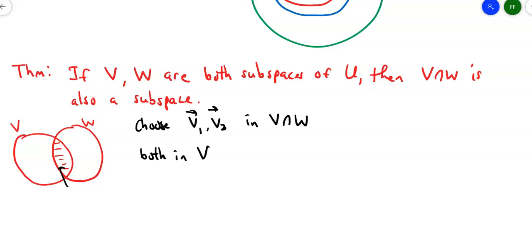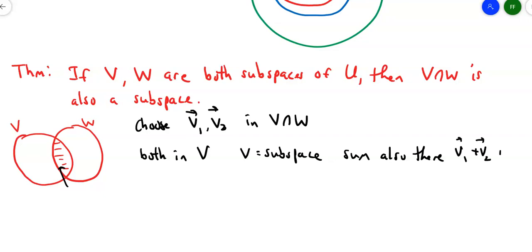So that must mean, because V is a subspace, the sum is also there. So V1 plus V2 is in V. Now, if I chose a point in the intersection, then they're also both in W. And W is a subspace.